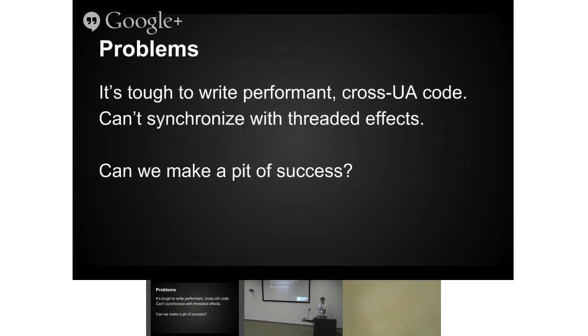So the problem that UIWorker is trying to address, there are two of them really. One, it's really tough to write performant code that's fast on all major browsers. And two, you can't synchronize your JavaScript-driven effects with your accelerated effects like scrolling.